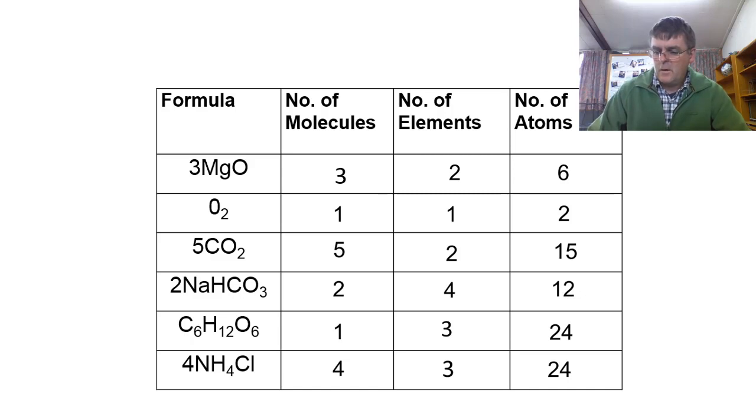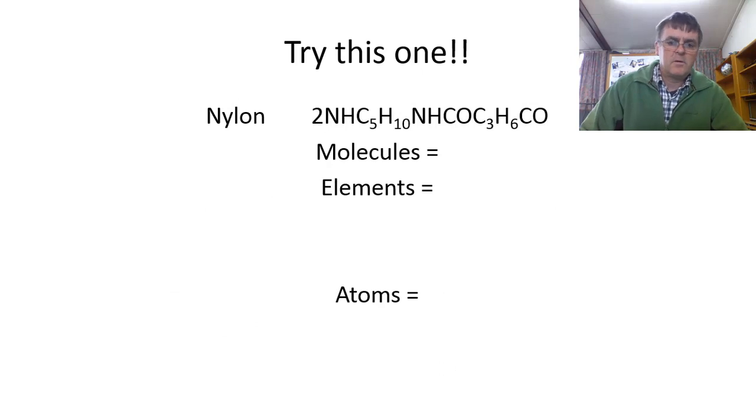Okay. How good are we getting? How confident are we feeling? Try that one. That's the molecule nylon. How many molecules are we going to have? We've got a big number in front. What's the big number in front? Big number in front is a 2. So we're going to have 2 molecules of nylon. Okay. How many different elements are we going to have? What can I see here?